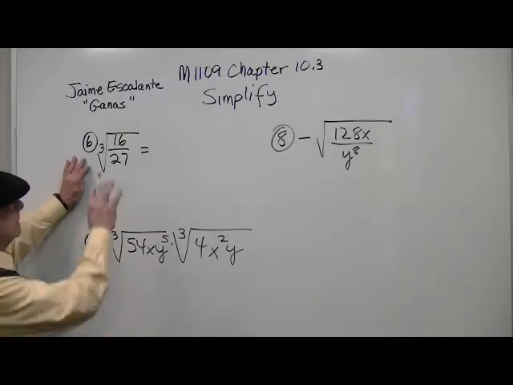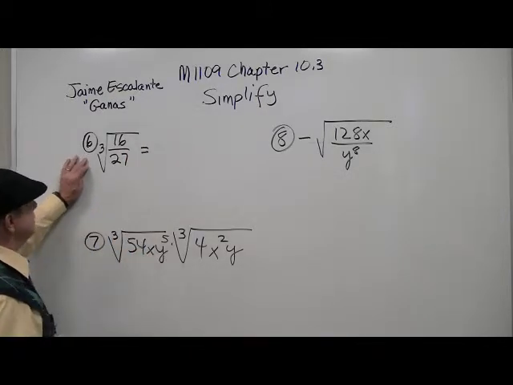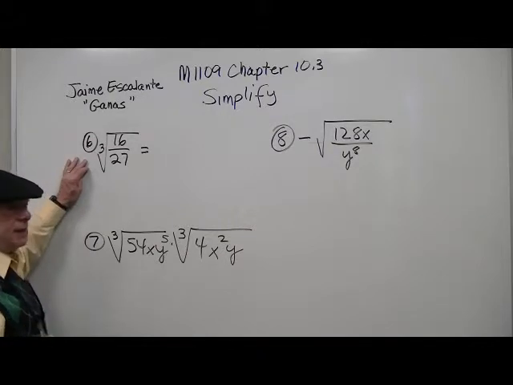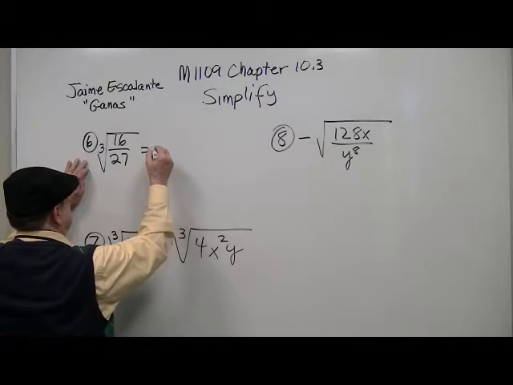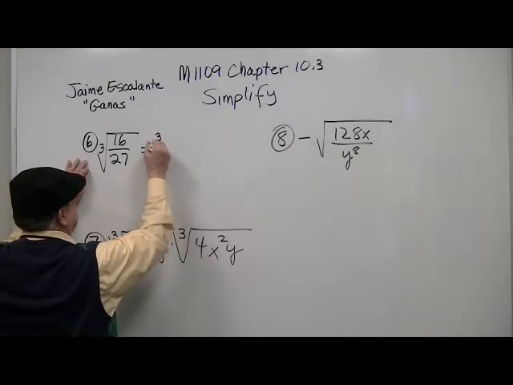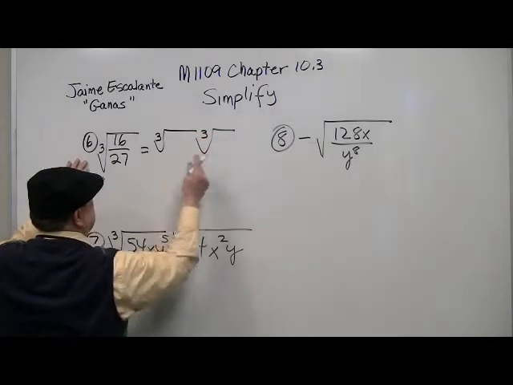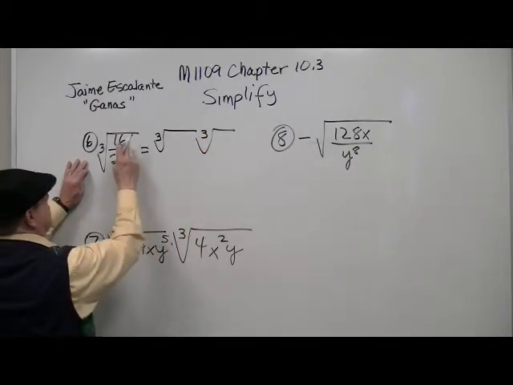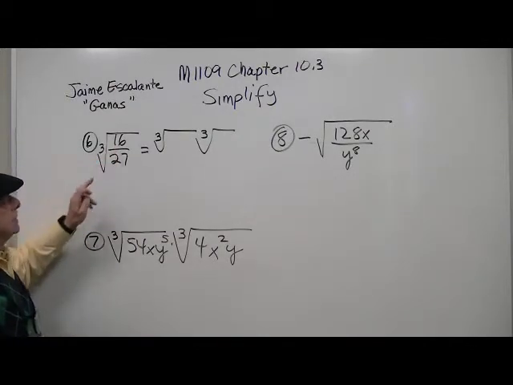And now we're looking at, again, simplifying section 10.3, number 6. And we want to develop a strategy for doing this. Well, we said a good way is to bring this into two sets of radical signs where we're looking for a perfect cube factor of 16.